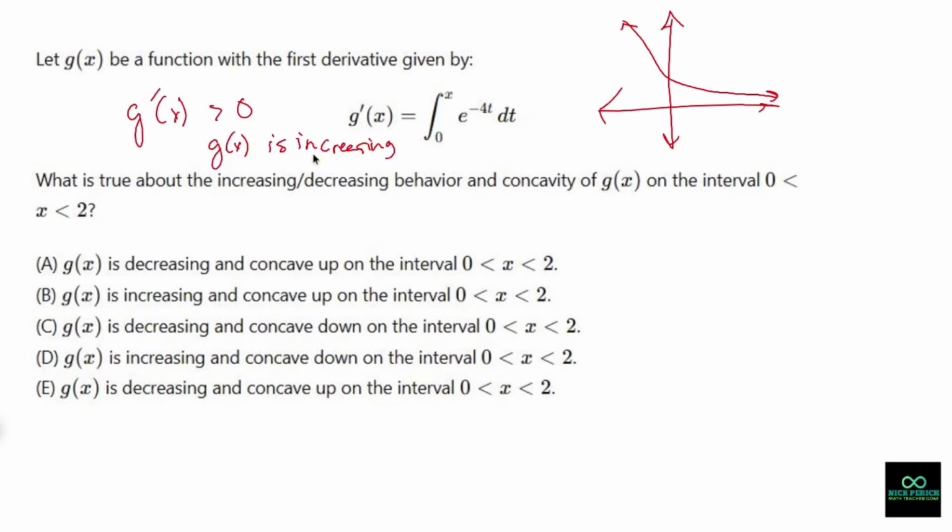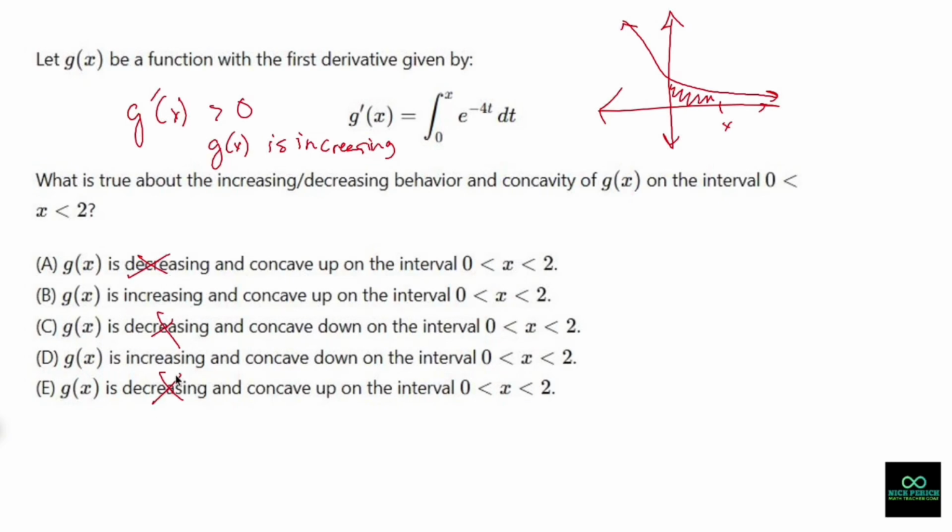Since this is always positive, the integral, the area underneath the curve between 0 and whatever x, is also going to be positive. And if the integral is positive too, that means g of x is increasing between 0 and 2. So it's going to be increasing, which means nope, nope, and nope.